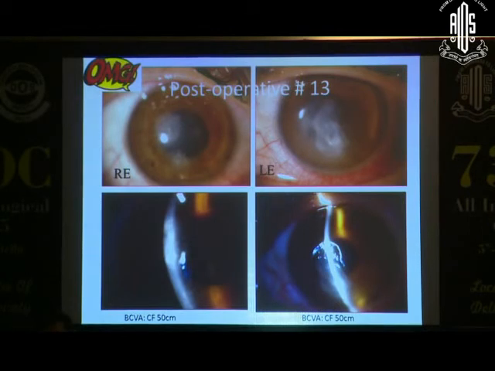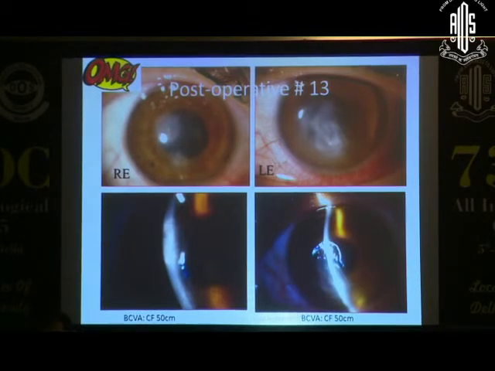The patient presented to the clinic the next week with again pain, redness, and decreased vision. At this time, we saw the patient, and this is the picture. There was infiltration over here, more in the left eye than the right, and a lot of edema around, as you can see. What do you think is happening?